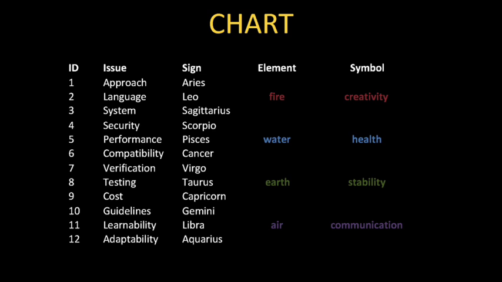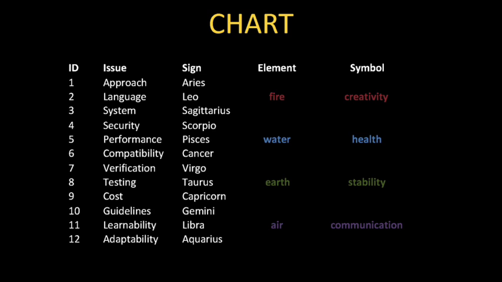So creativity was assigned to the fire team, and health was assigned to water, the symbol of stability was for earth, and the symbol of communication was for air. This was just a way to connect everything together and help the learners reduce their cognitive load and be able to remember exactly the importance of each team.